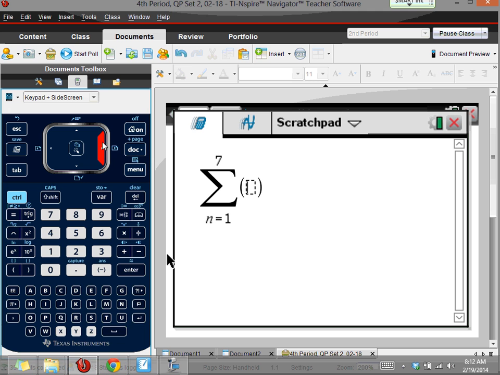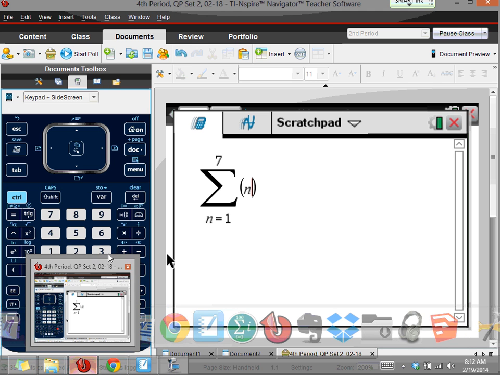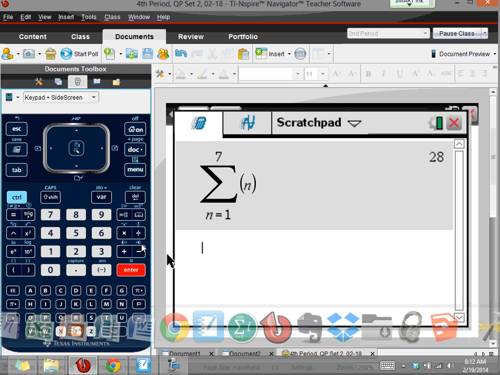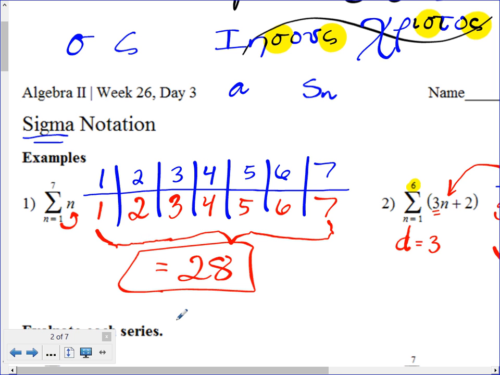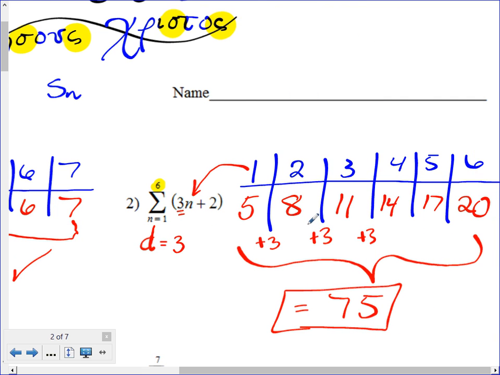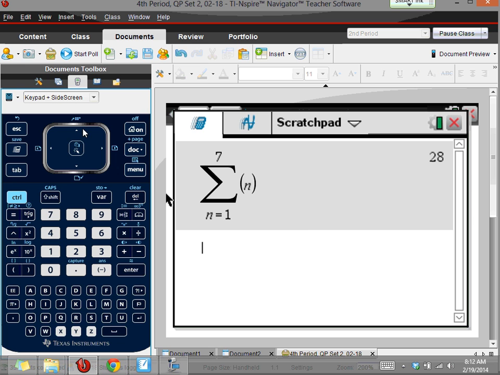What goes in the parentheses? So we just put it in the calculator, put the answer down. Put it in the calculator.